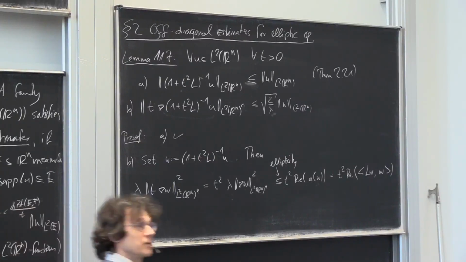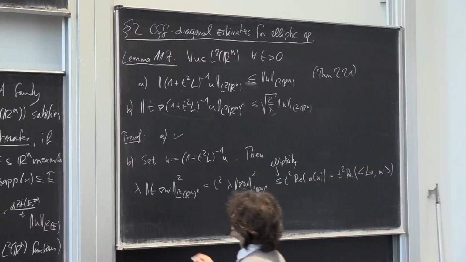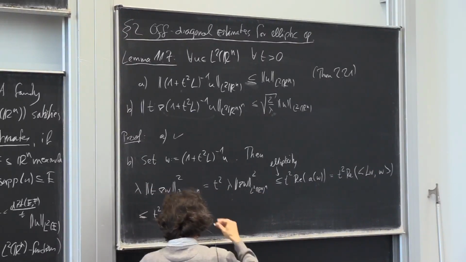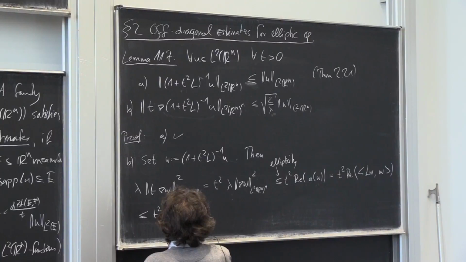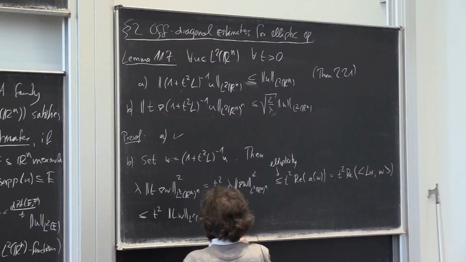Now estimate the real part by the modulus and take the Cauchy-Schwarz inequality. Gives you t squared times Lw in the L2 norm of R^n times w in the L2 norm of R^n.